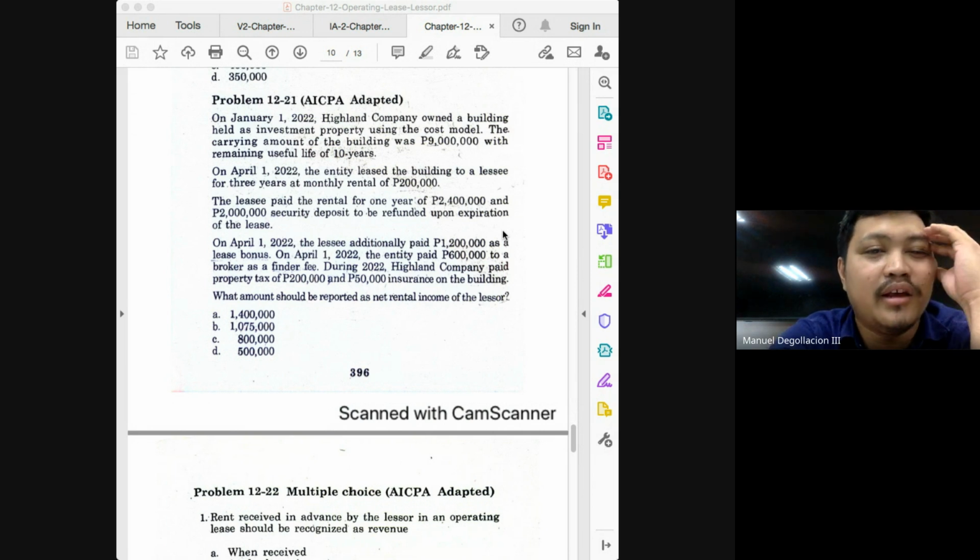What are we doing wrong here? The lessee additionally paid 1,200,000 on April 1, then they paid a broker a finder's fee.